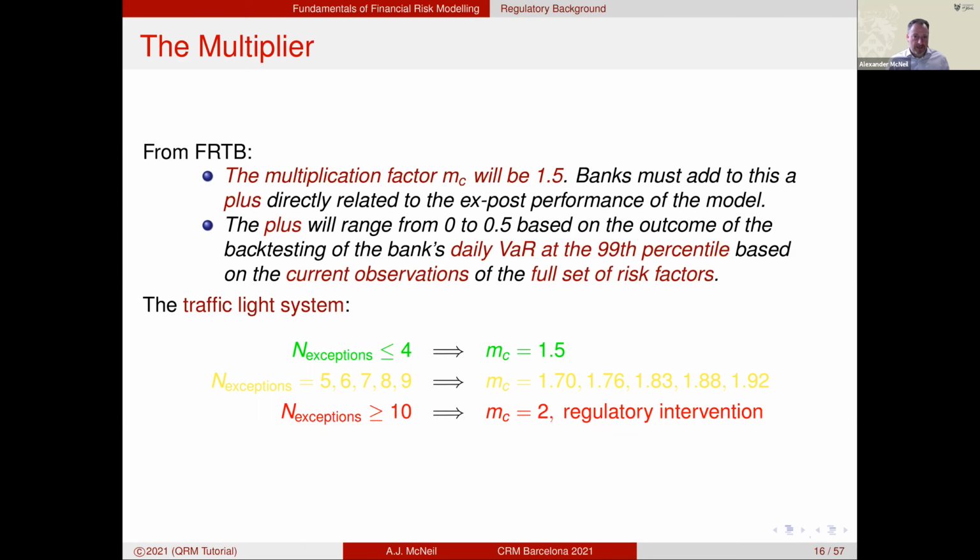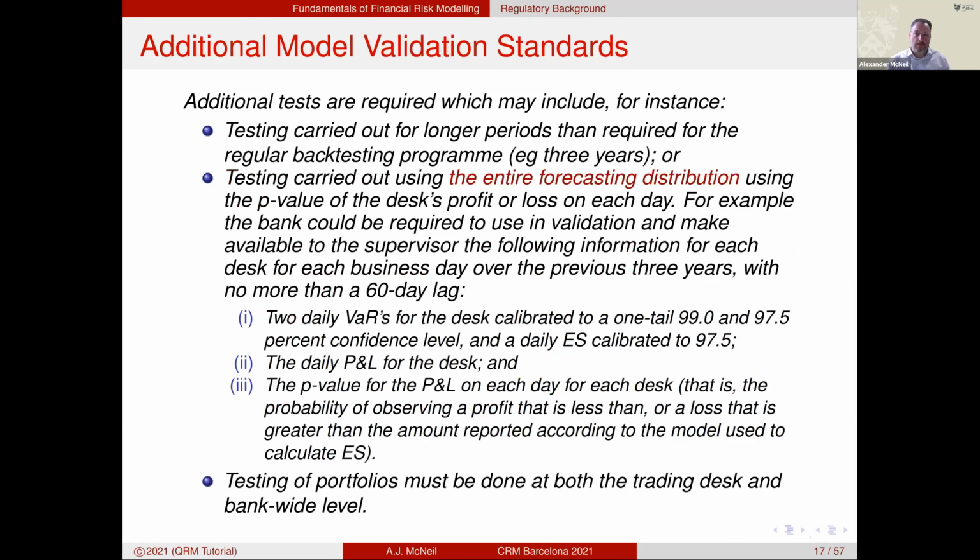So that brings me to a few more sentences that I've taken from the fundamental review of the trading book. So we are going to talk about VaR backtesting, and we're going to look at it with a practical example, but we need to do more because the FRTB, and this has been adopted in Basel III, says that additional tests are required, and it says they are required, so you have to do it, but it says they may include, for instance.